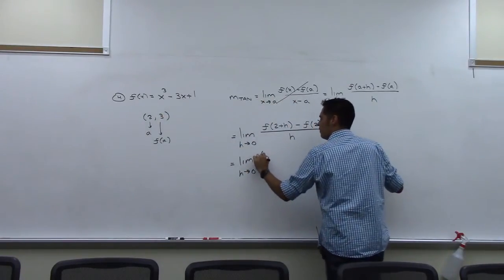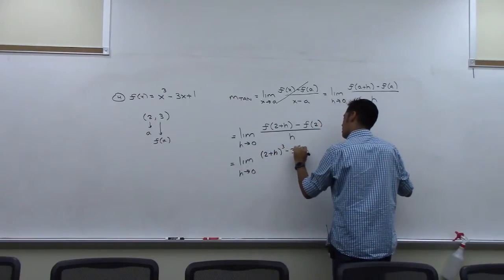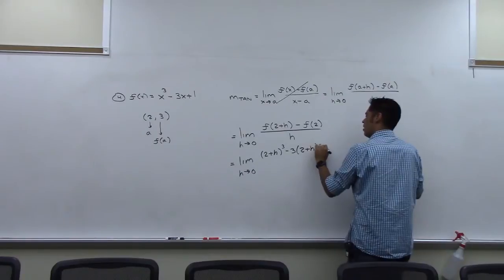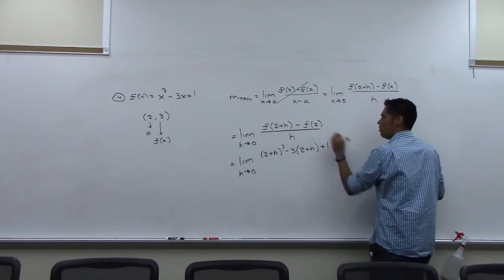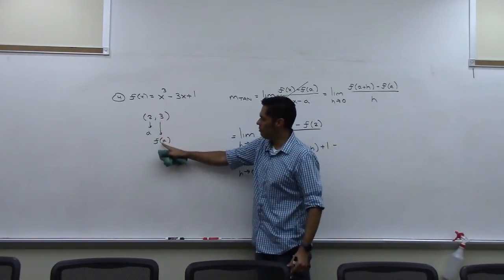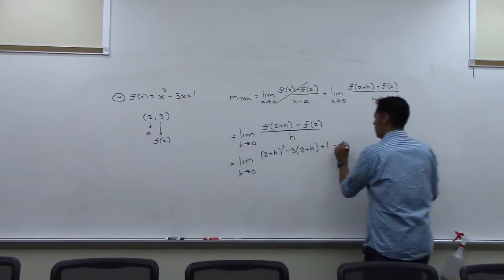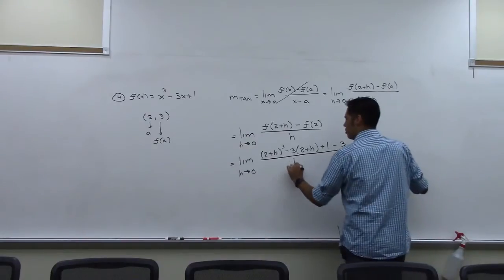That's going to be ugly. 2 plus h cubed minus 3 times 2 plus h plus 1. That's just this minus what's f of 2? Well, we already said right here, a is 2, so f of 2 is 3. This is just 3.